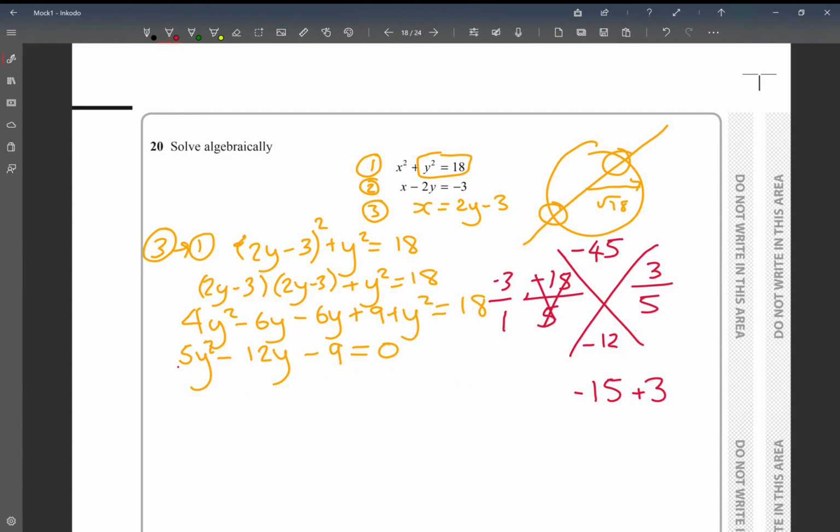And we then can put it into brackets, and the denominator is the value of the y, and then the numerator is the number. So that's just 1y minus 3, and then 5y plus 3.